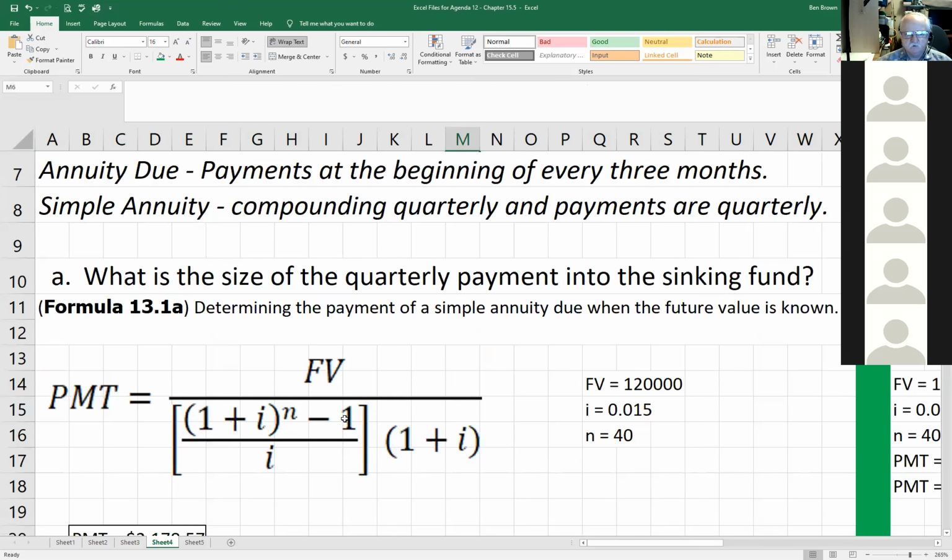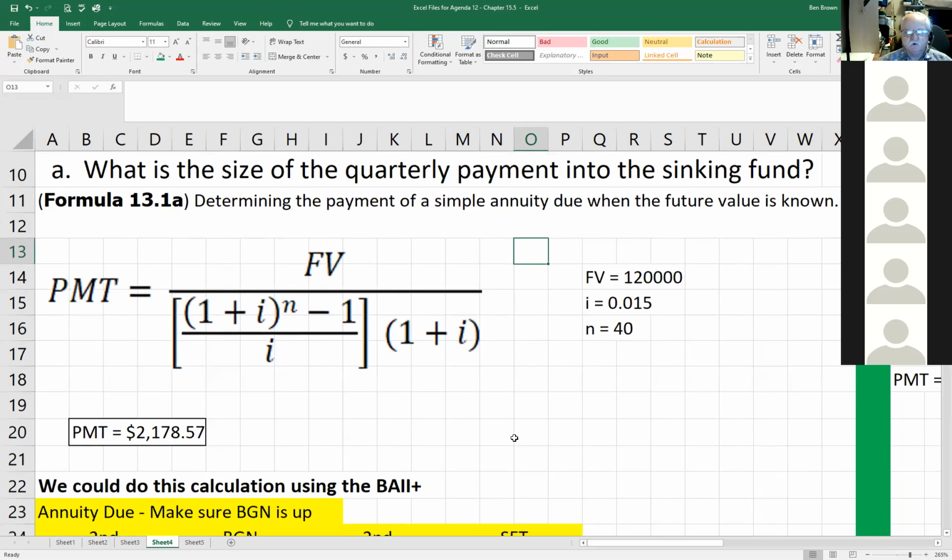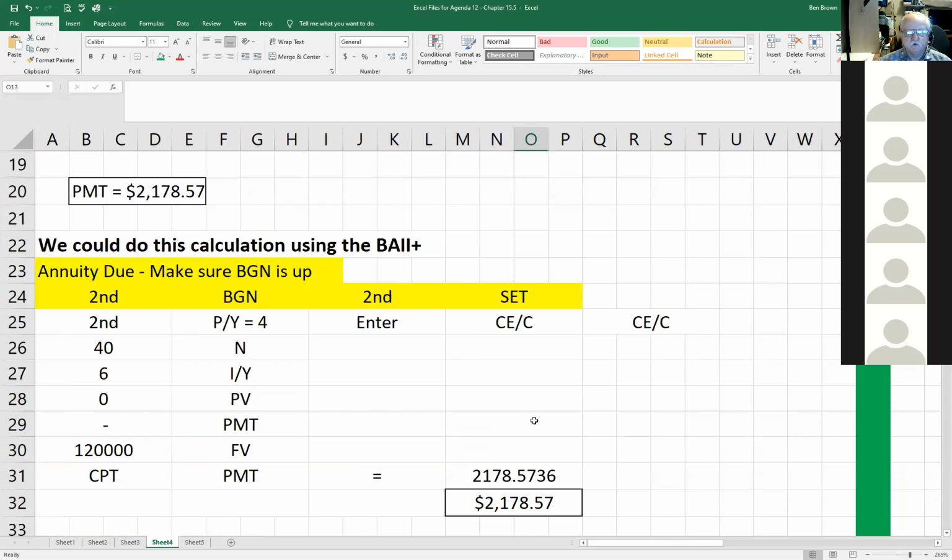So we need to calculate the payment. Because it's annuity due, we have this extra 1 plus I term here, and we can come up with the payment. We can do this on the BA2 plus.